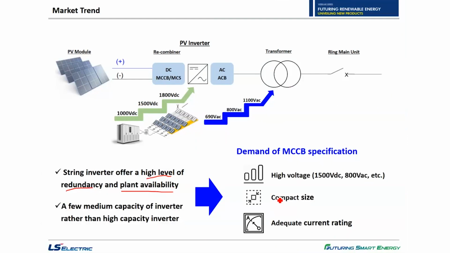And finally, it will naturally lead to high voltage up to 1500 DC volts and adequate current rating. At this moment, we successfully have full lineup of 1500 DC volts and 800 AC volts for MCCB, which is commonly used in PV and ESS application.